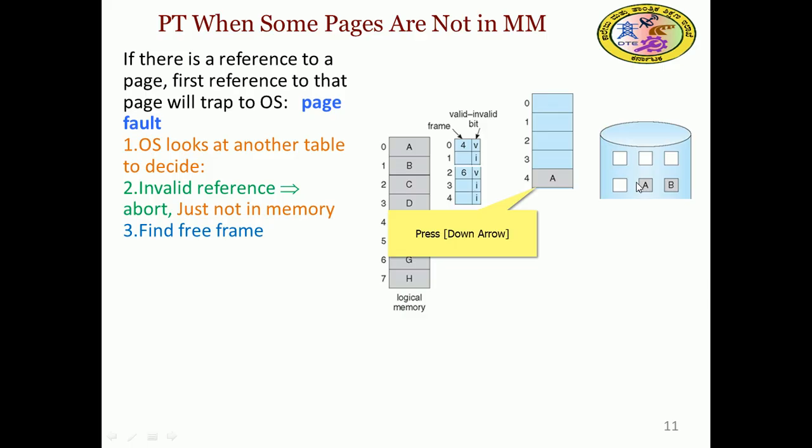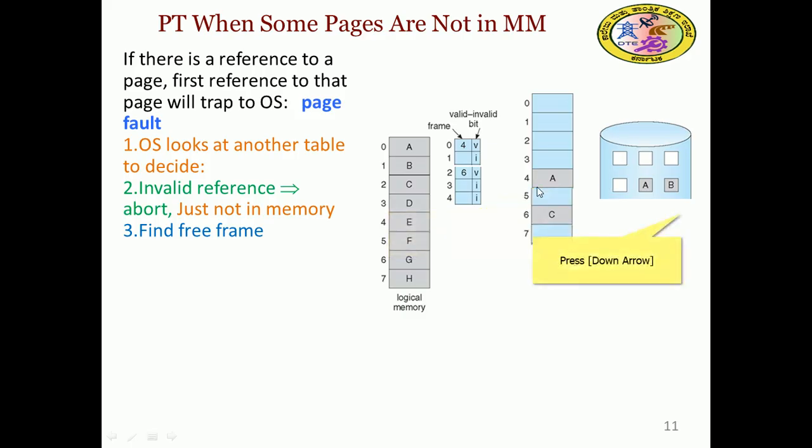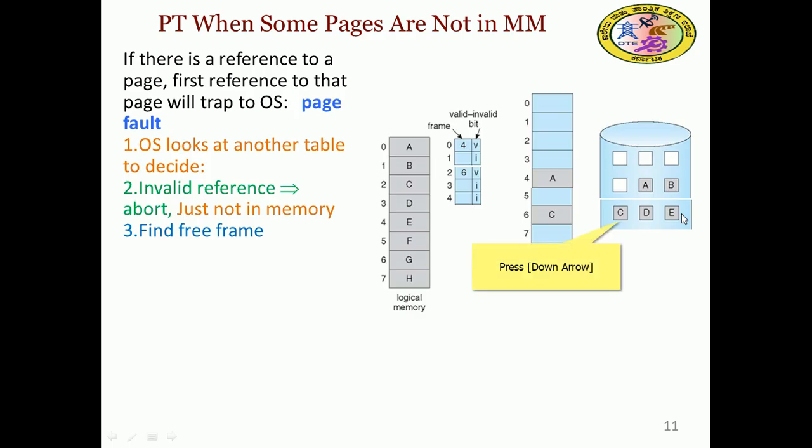Similarly, you can have page 2 with page frame 6. So 2 is the page number and 6 is the page frame number. In 6 we can see we have C. That C is going to be in the backing store.